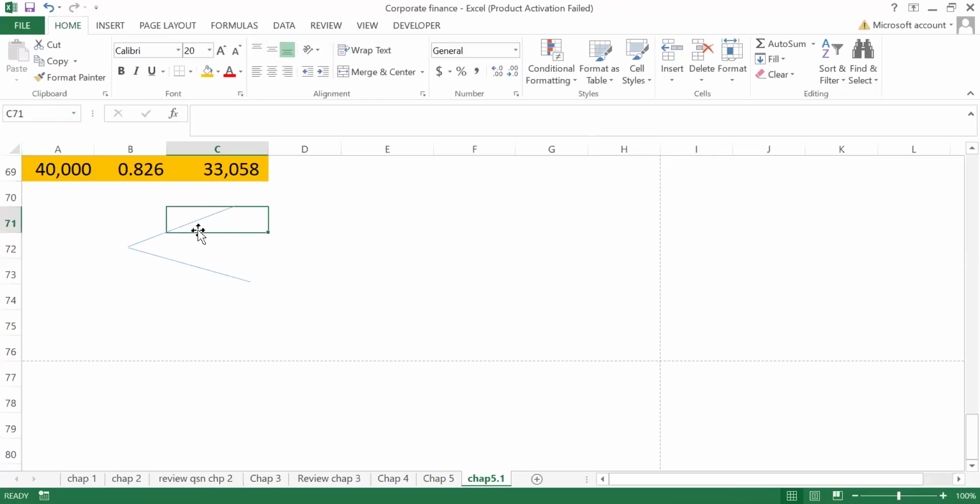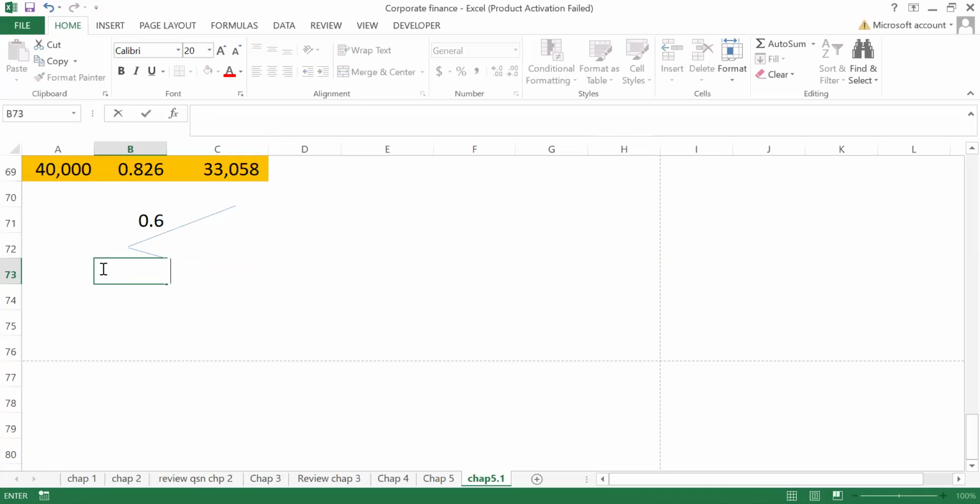And if the economy is bad here, we said the probability here is 0.6. And here it is 0.4. Okay, that is fine. Those are the probability.